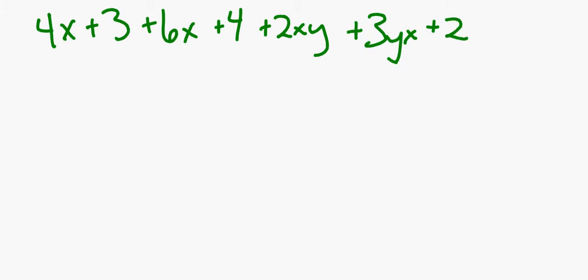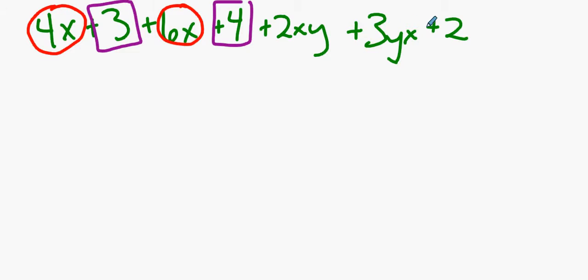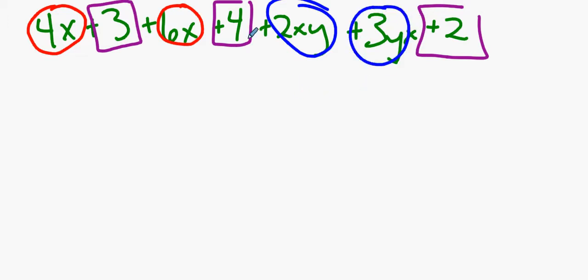What are my like terms? Let's start boxing, circling, triangles, whatever works well for you. I see x, that's good. Any more just x's with a coefficient? None. Constants, all positive, which is nice. And finally, xy, yx, commutative property tells me that's like terms. You combine your coefficients and have a final answer.